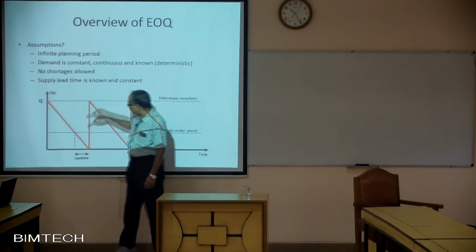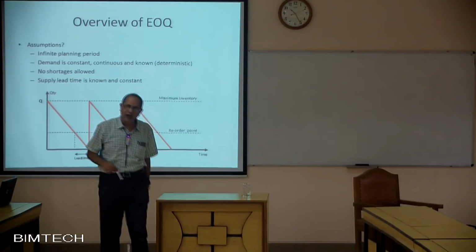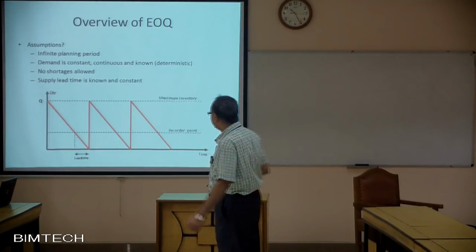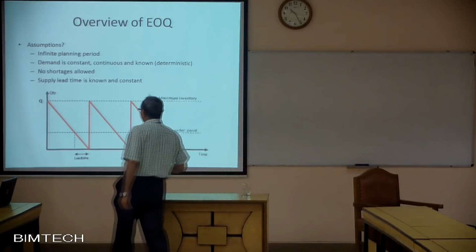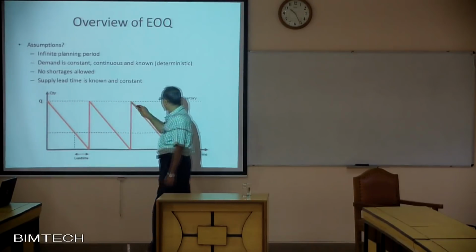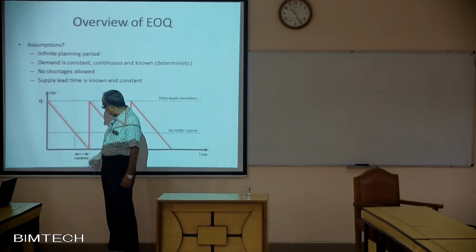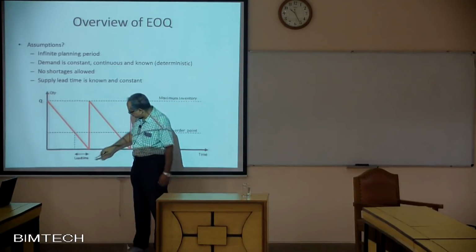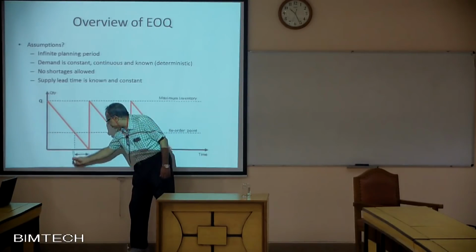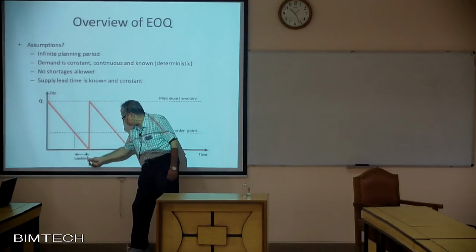We don't need to do anything else. Okay, so what do we do? Here, perfectly known demand. So you can see that the slope of the demand curve is constant. It's a straight line, and we are ordering a quantity Q. The Q reaches here and again here and again here, and the cycle keeps on repeating. Now when do we order? Now here is the lead time. So we must order at this point in time so that we receive the supply here, because this is the lead time.